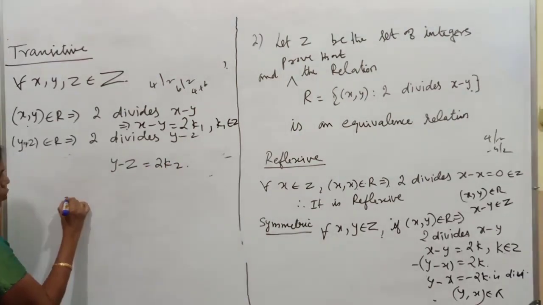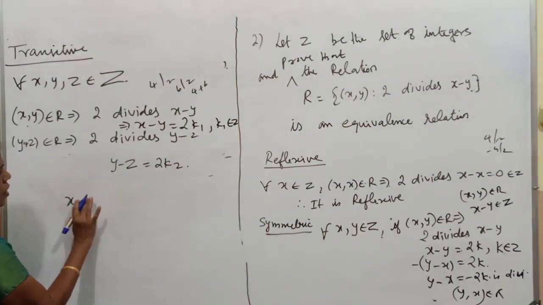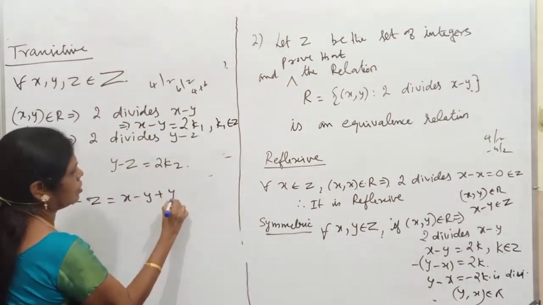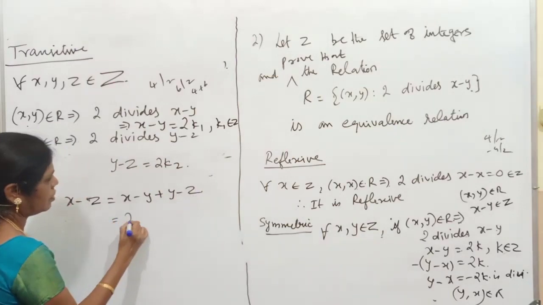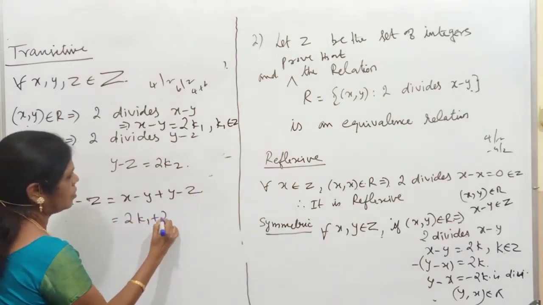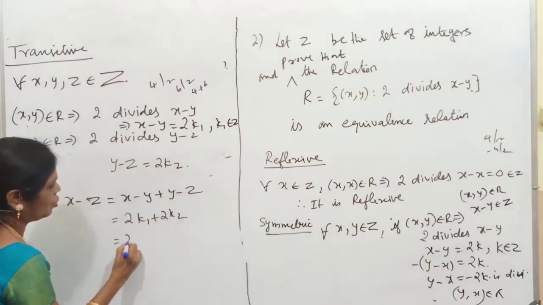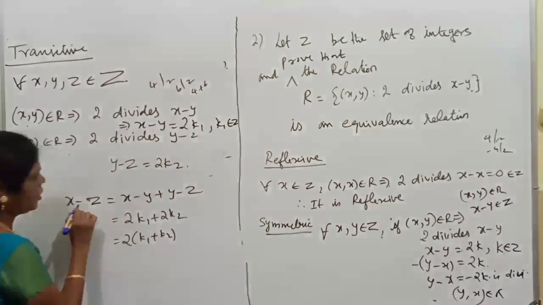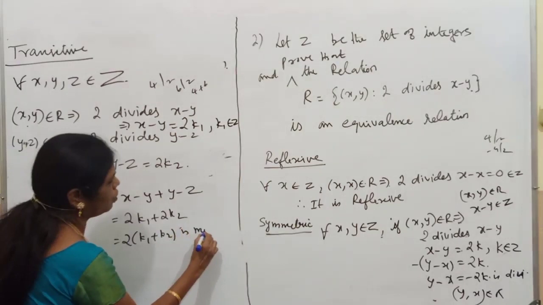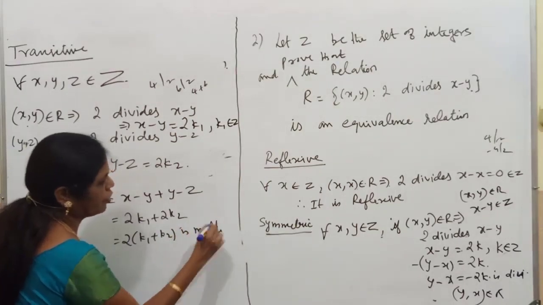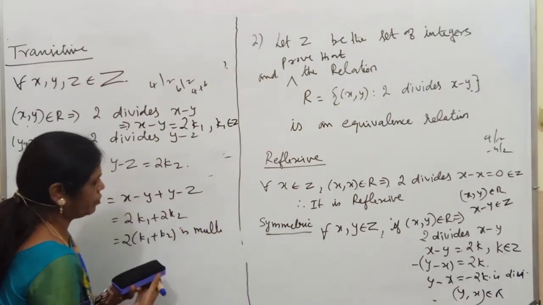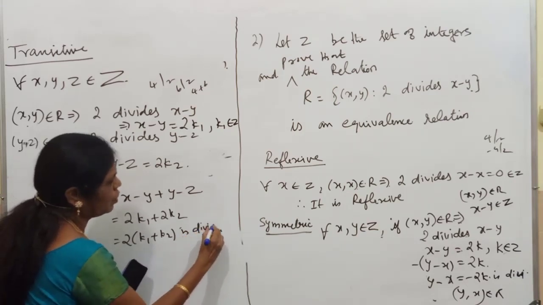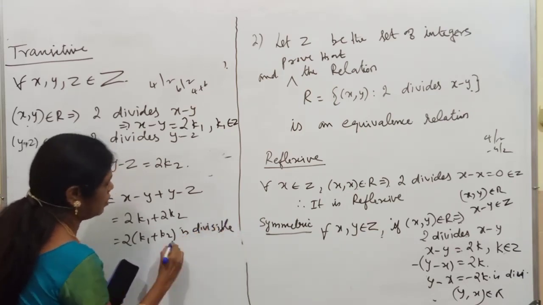Now you can continue like this. Into k1 plus k2. So, you know that it is a multiple of 2 or it is divisible by 2. This is another method. You can follow any method.